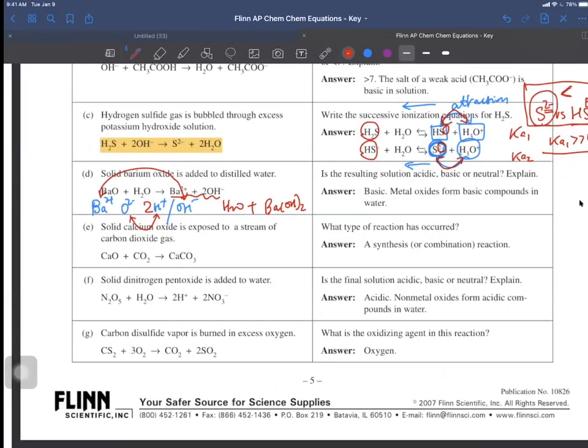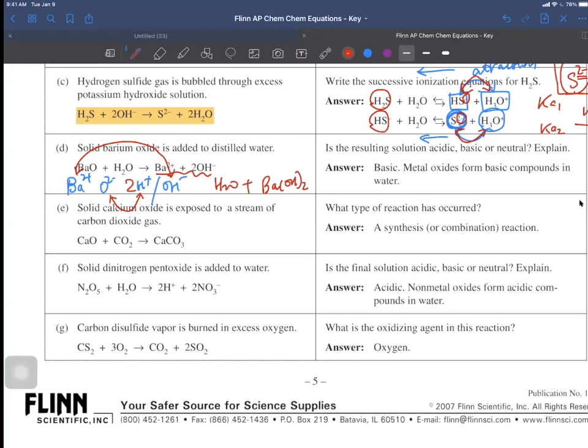Okay, now I'm going to ask you guys to interpret reaction E. Anything to say about this reaction? In terms of the type, the mechanism, the property of the reactants, the application of the reaction.